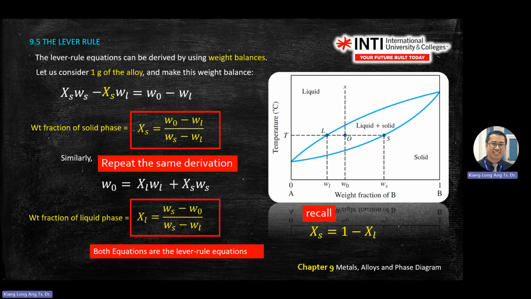Let's say you calculate solid. You don't need to calculate liquid anymore. You just take 100% minus the answer you find for solid phase, you get the liquid phase. Or if you want to verify, you're very hardworking, you can do the same calculation, you still get the same answer.